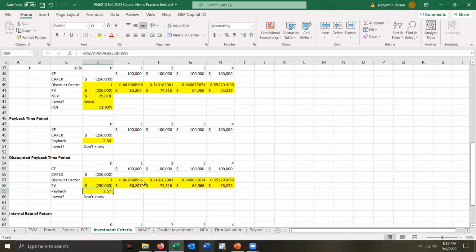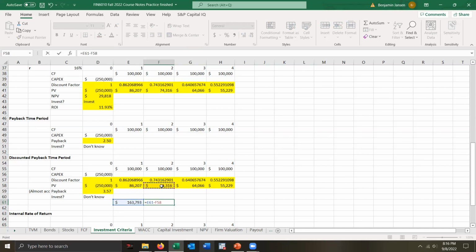The better way to do it is basically go along each year. This is the almost accurate but very simple way of dealing with it. The better way to go about it is to literally go through each year and subtract the cash flows in each year.